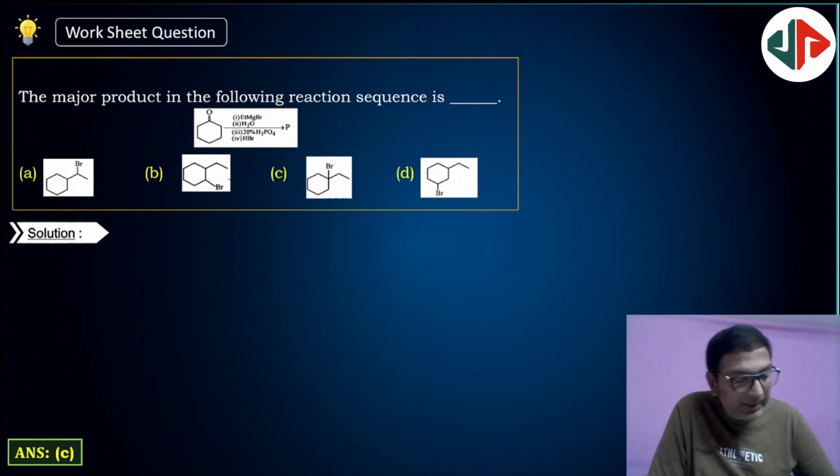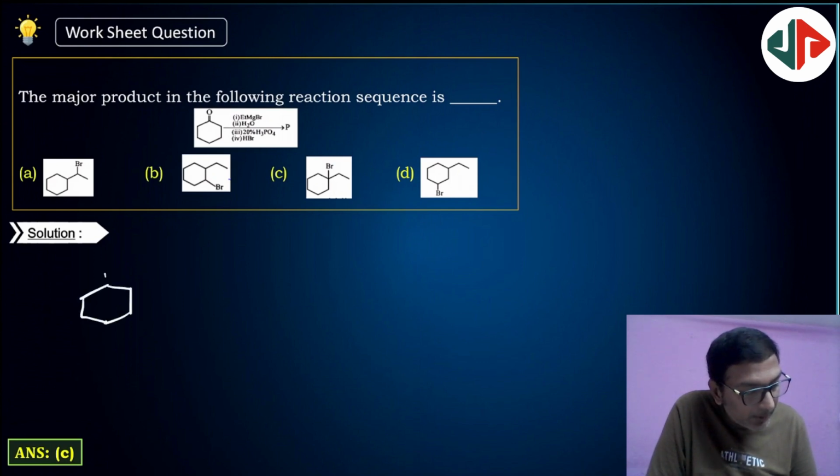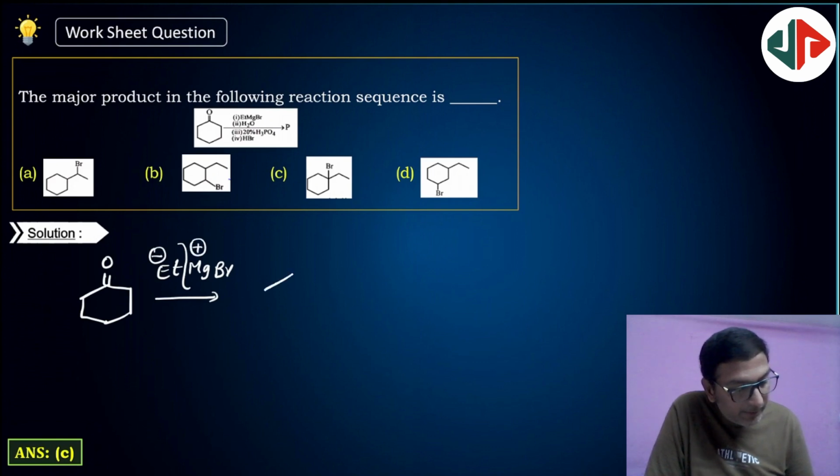So the major product in the following sequence. First it is given a ketone, which reacts with EtMgBr. Et means ethyl. Here minus and plus. So here delta minus, and carbon delta plus.